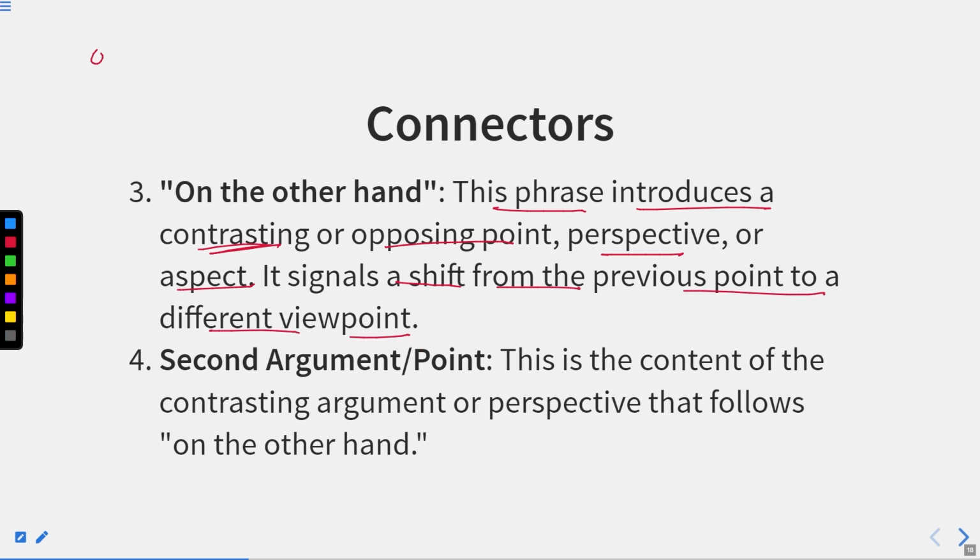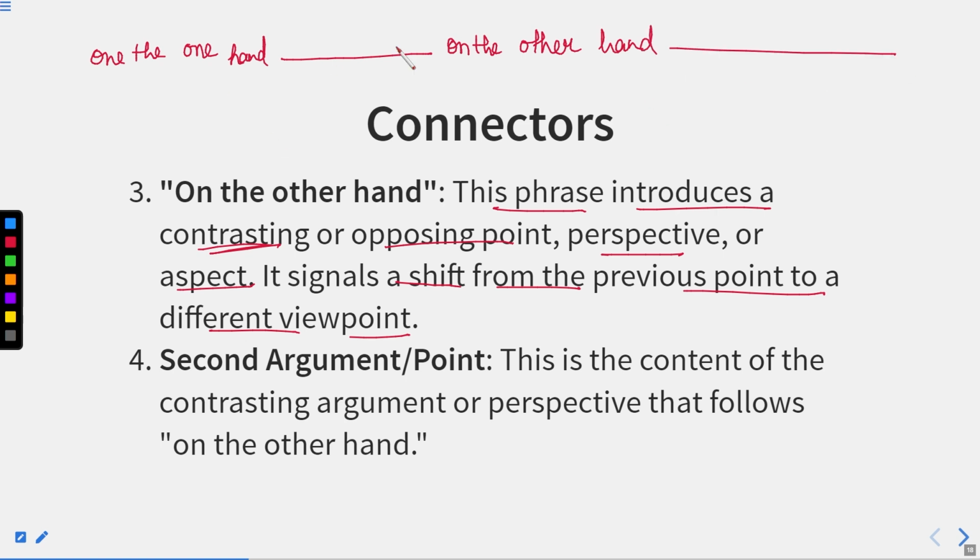It means whenever we write "on the one hand," we write a situation over here. After that, we write "on the other hand." Now these two will be different viewpoints. Now it can happen that one is positive and another one is negative. Maybe both are positive or both are negative.